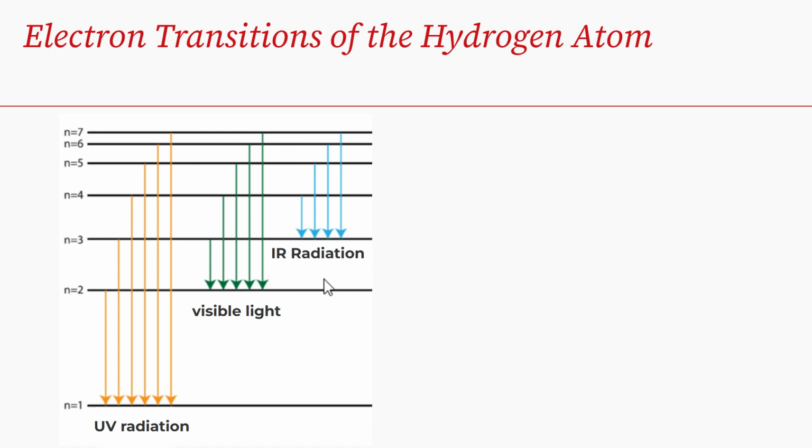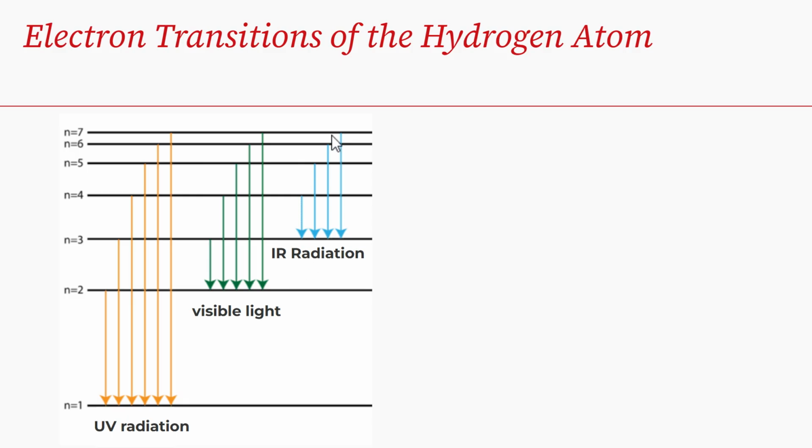What we can also see, so that was the visible light. When any electron returns to the second level, it emits visible light. But that's what we can see physically, or with our own eyes when making emission spectra. But as it turns out, at different levels, we see different electromagnetic wavelengths.